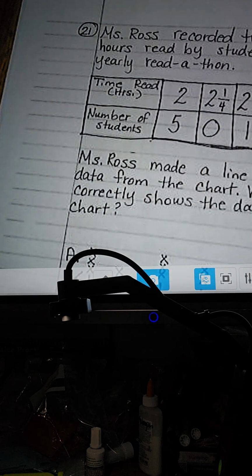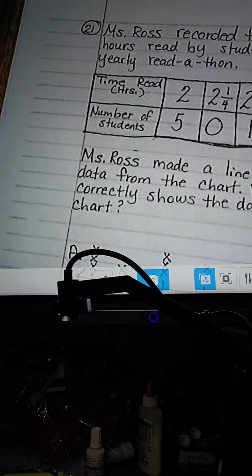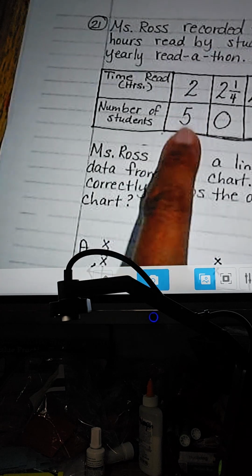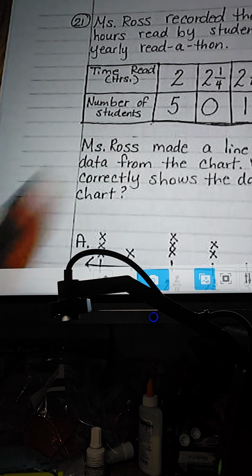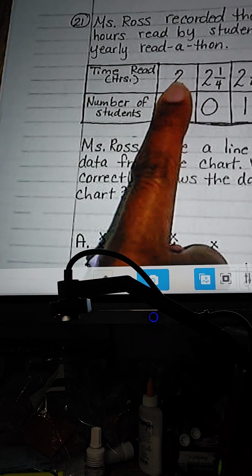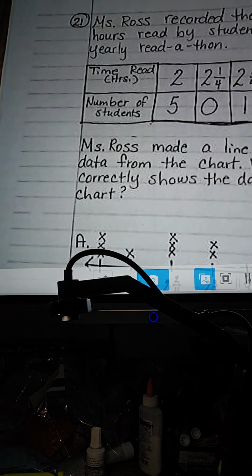Are you looking at your data? How many people read for 2 hours? 5, not 2. For 2 hours, 5 people read. Okay? So, which one would be correct? A, B, or C? B.